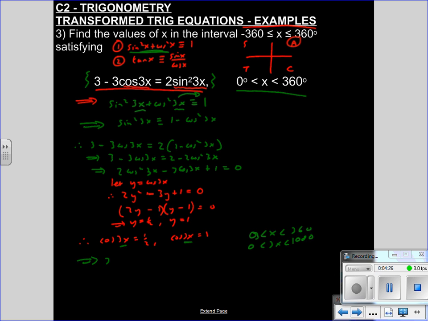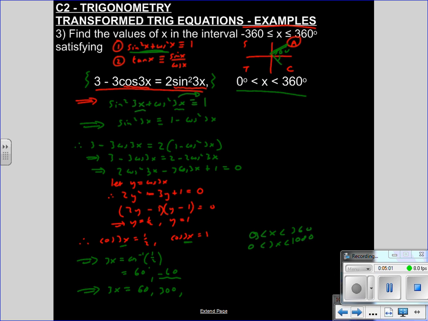If we type into our calculator cos to the minus 1 of a half, we'll get 60 degrees. And as we know, it's cos, so it's plus or minus 60 straight away, from our CAST diagram, because cos is positive at 60 and cos is positive here. So therefore we plus or minus the period. 60 minus 60 obviously isn't in the domain, but we can add 360 to it, so that's 300.